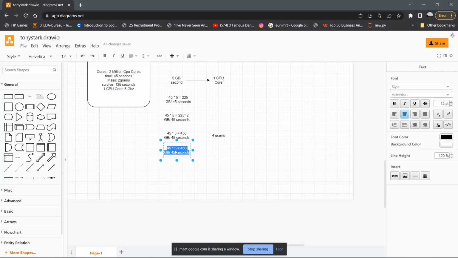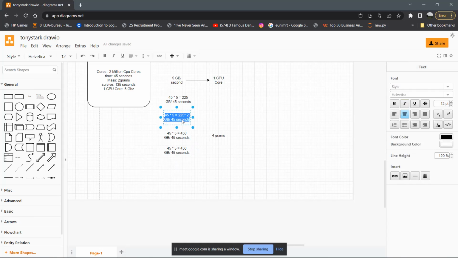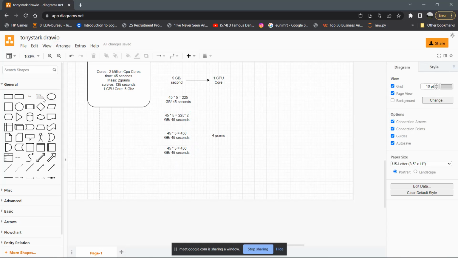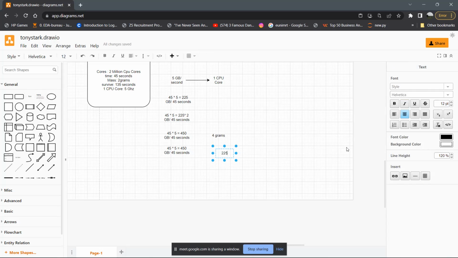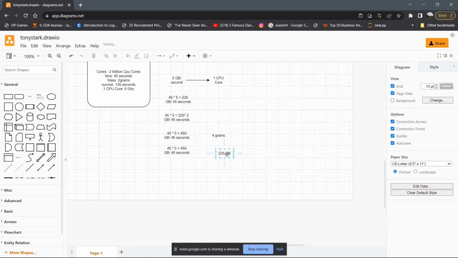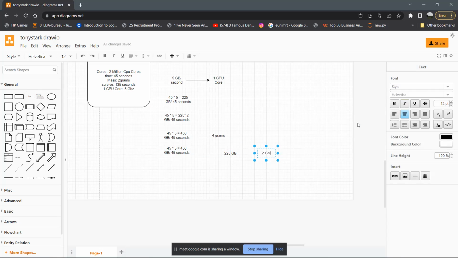So what we know is that 225 GB is required for 2 grams. Okay. So 225 GB is required for 2 grams.